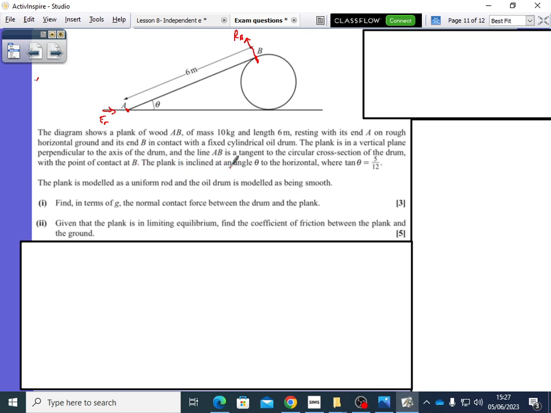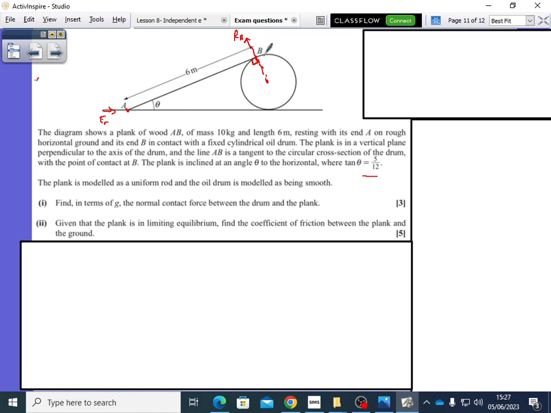The plank is inclined at theta, where theta is that. Right, that's okay. So that's perpendicular to that, so that will go through the center here. That goes through there. Okay. And this is 90 degrees here. Just put that there. Right.